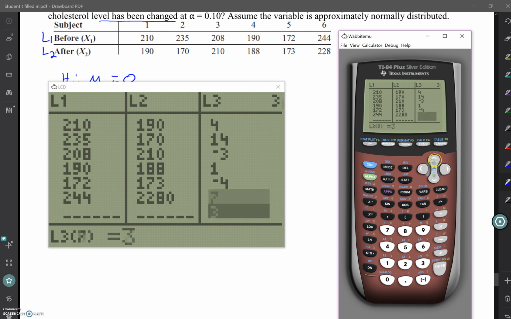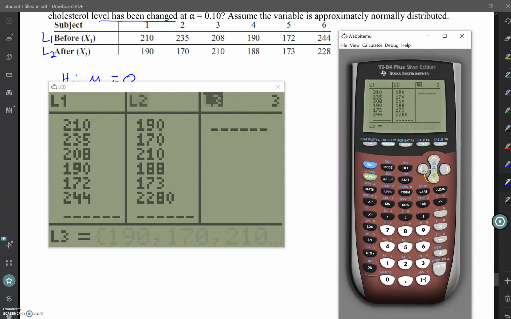All right, did everybody get your data entered? Okay, so I want you to clear your list 3. And then I want you to go back and look at how my list 3 is highlighted. I have my cursor over top of list 3.